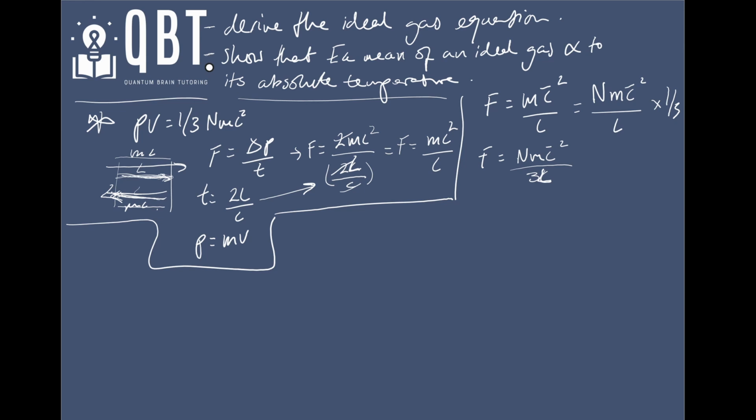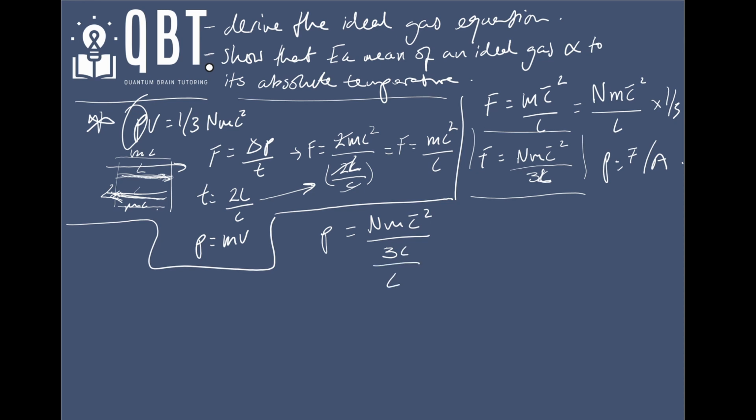And now what we need to do is take this and incorporate it into our pressure equation, because really we're interested in the pressure that this whole gas system is exerting. So we would say that pressure is equal to N m c_rms squared divided by 3L, over L squared, because area is measured in units squared.